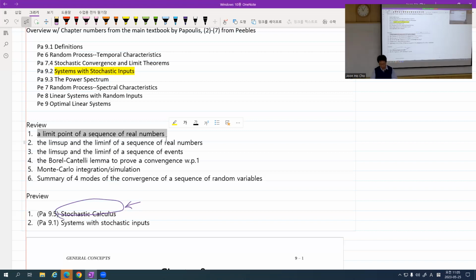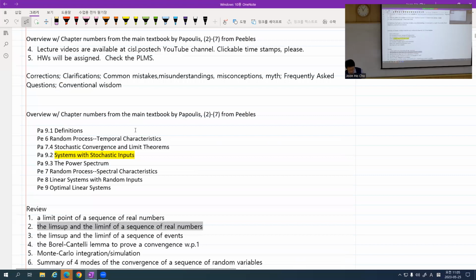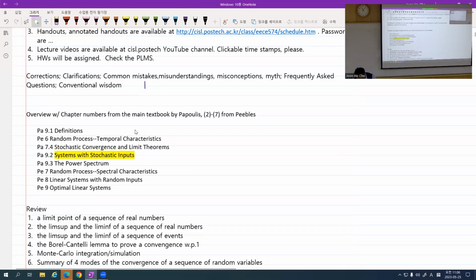And given that, we next studied two strange definitions called lim sup and lim inf of a sequence of real numbers. By the way, there is one correction. Last time I wrote it in this way, lim sup x_n as n goes to infinity. Actually, this is wrong because lim sup is not the sup of x_n. Lim sup is one concept.